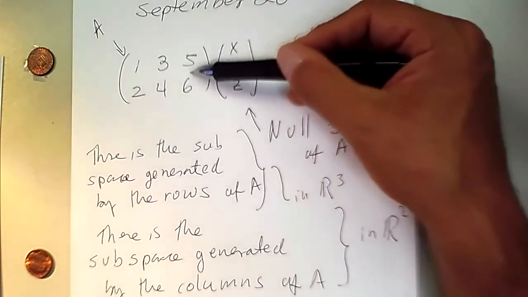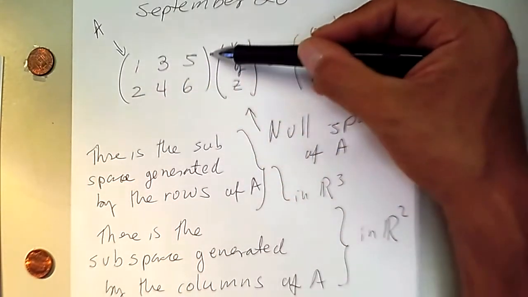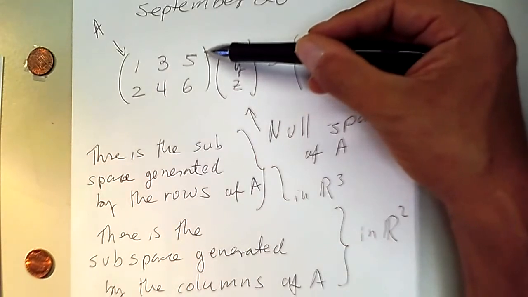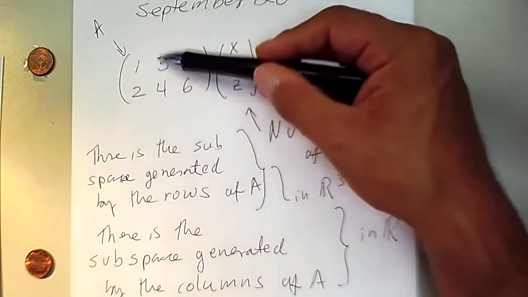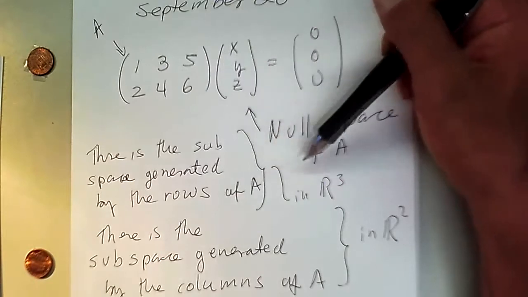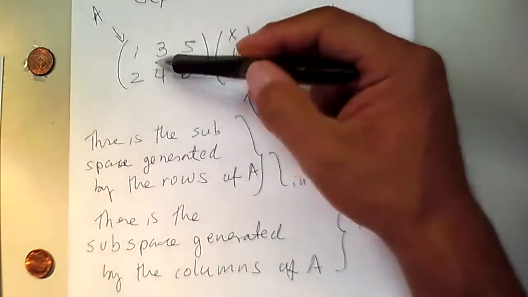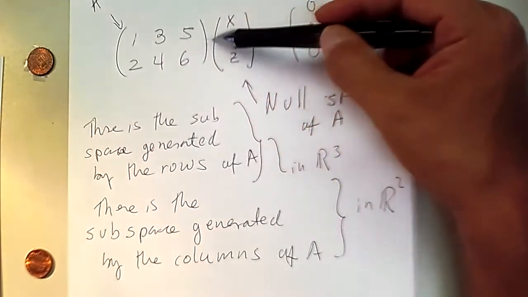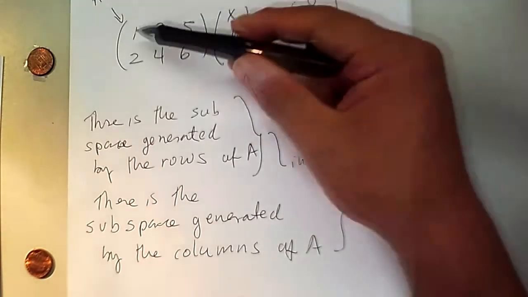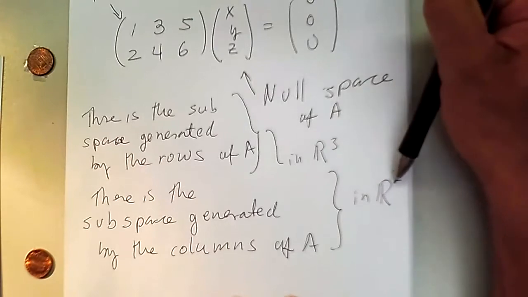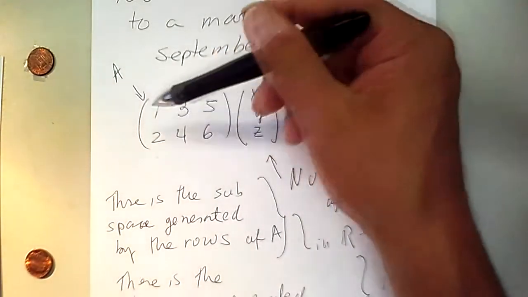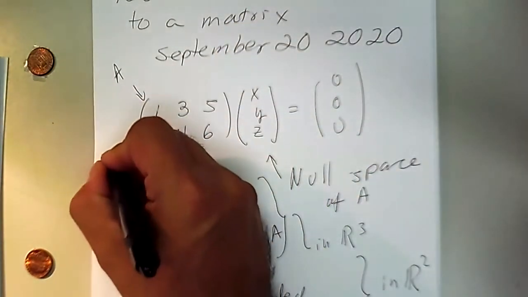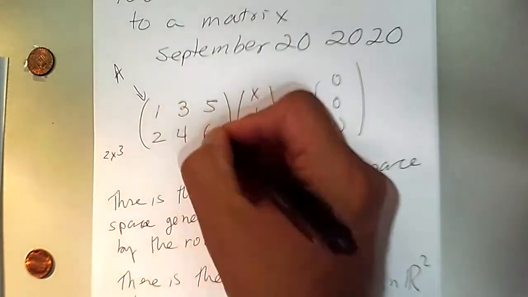There's only 2 rows in this case. Since those rows are 3-dimensional, the space generated by those 2 rows lives in R cubed. Then there is the space generated by all the columns. That space, because the columns are 2-dimensional, is going to be in R squared. This is a 2 by 3 matrix.